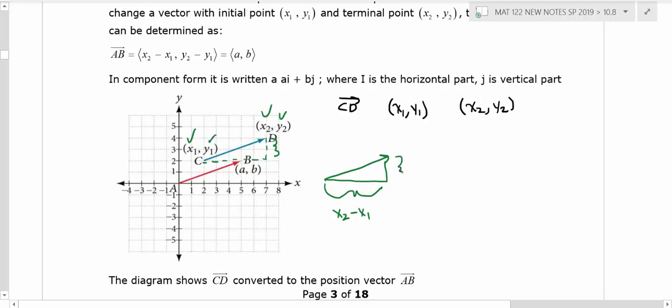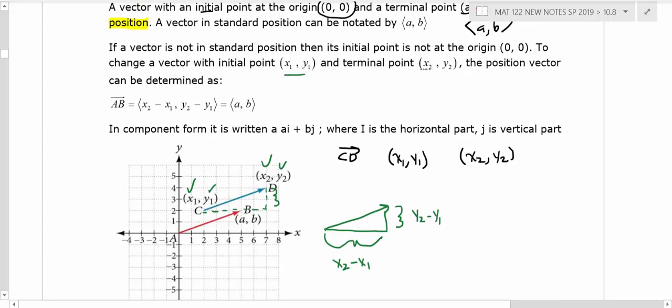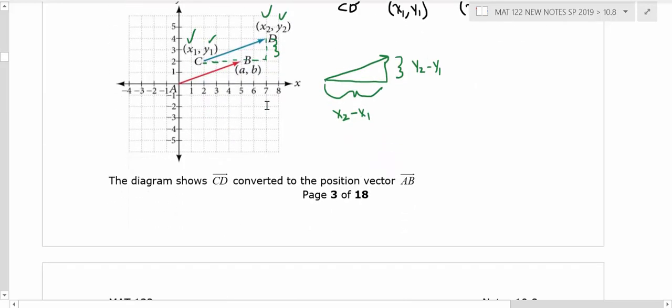So this part right here would just be y2 minus y1, and then you can just move that vector to the origin 0, 0. If this is your initial point, x1, y1, and x2, y2, then this gives you the first component, and that gives you the second component. That's the idea.